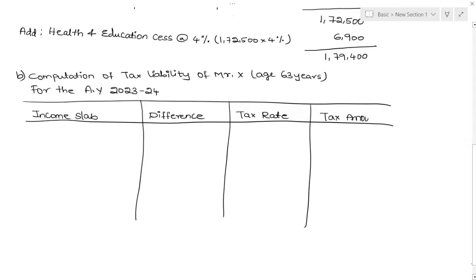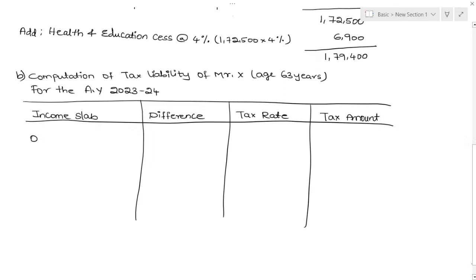Okay. Now let's start. 0 to 2,50,000. Oh wait, mistakes happen like this. That's why I actually acted like this. Without checking the age, you don't start solving the problem.